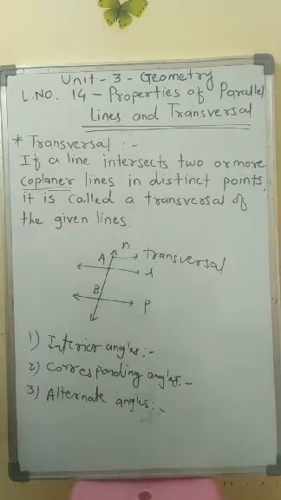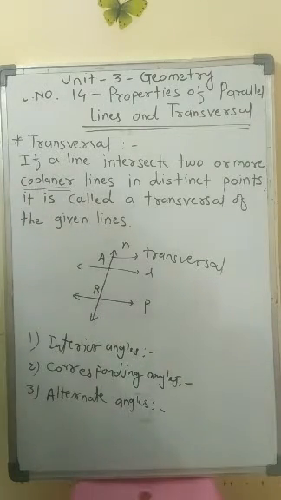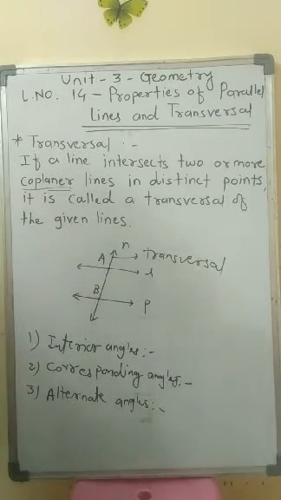These three types of angles are formed when a transversal cuts two parallel lines, and also when two parallel lines are cut by the transversal.